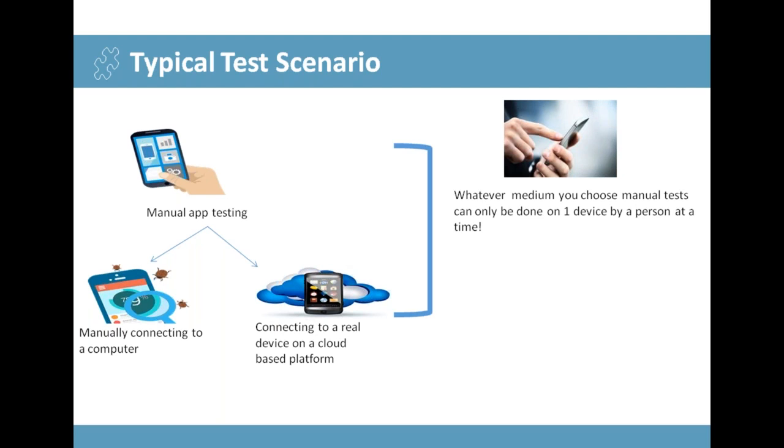Have we noticed what is common in these scenarios? The common factor among all these methods is that whatever medium you choose for manual testing, one test engineer can test on one device at a time, right?